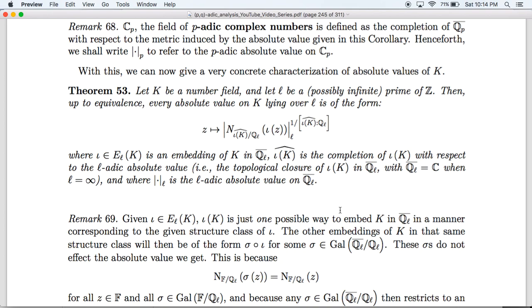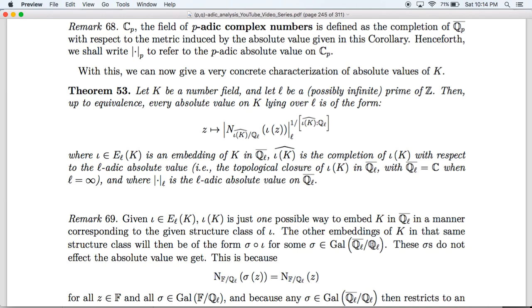Once we pick that embedding and complete it with respect to the L-adic absolute value, we'll get a field which is isomorphic to the completion of K at a prime above L.